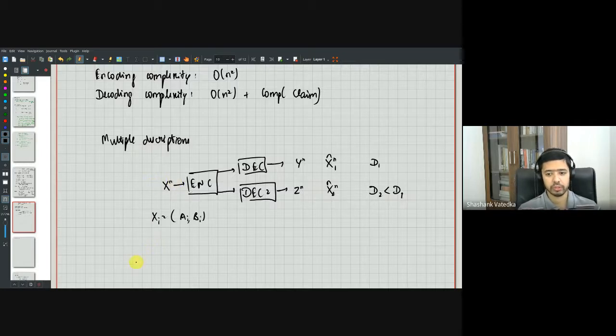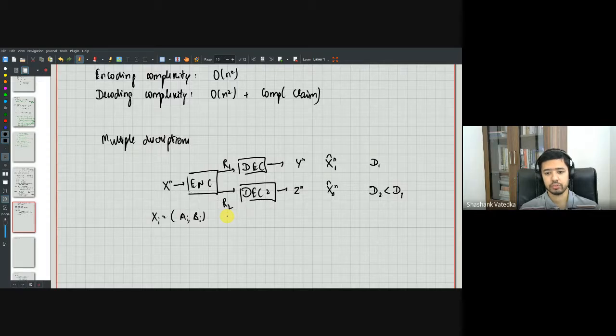Or it could be possible that the first decoder wants to estimate only the ai's, whereas the second decoder wants to estimate both ai and bi. Again, these are general versions. So you can operate at rate R1 to the first decoder and rate R2 at the second decoder.